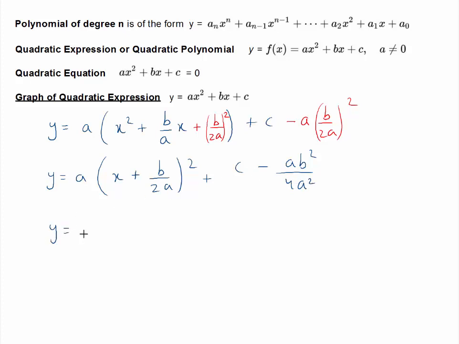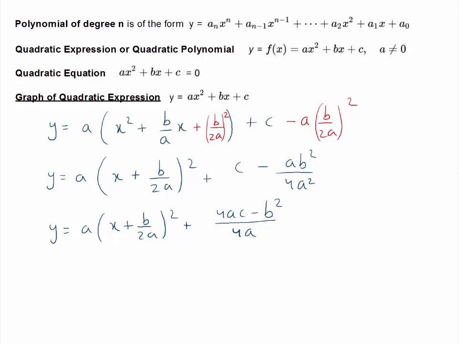We will get y equals a (x plus b by 2a) the whole square, and then after taking LCM, this will become (4ac minus b square) divided by 4a.